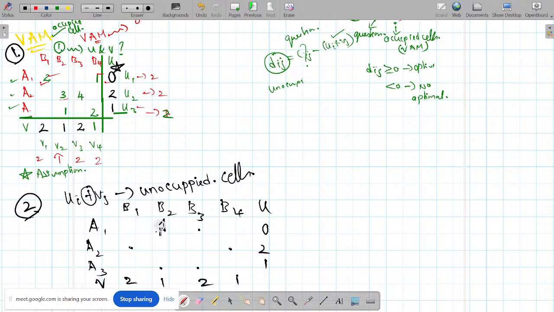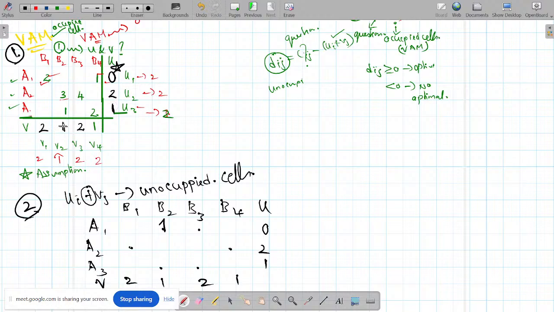So what is this first value going to be? 0 plus 1, so this is going to be 1. Am I right? Sorry, I made a mistake. This has to be 0, right?